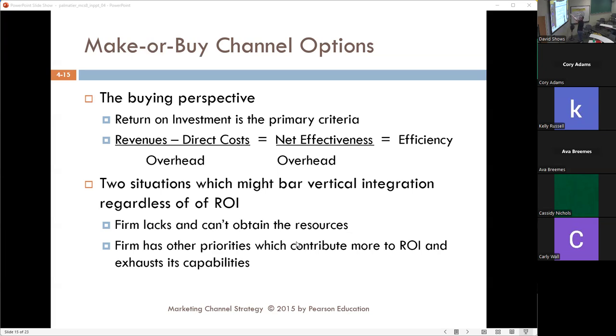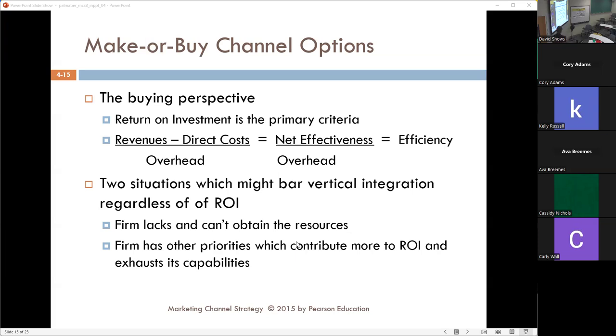And so, what are the things that we need to define? Well, the first thing we need to define is revenues. Revenues are the generated gross income, I should say, income before direct costs or any of the other costs associated with it.